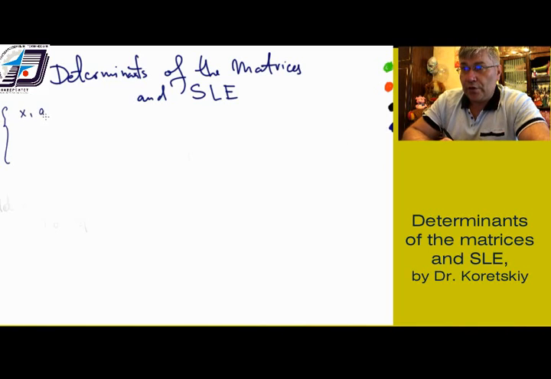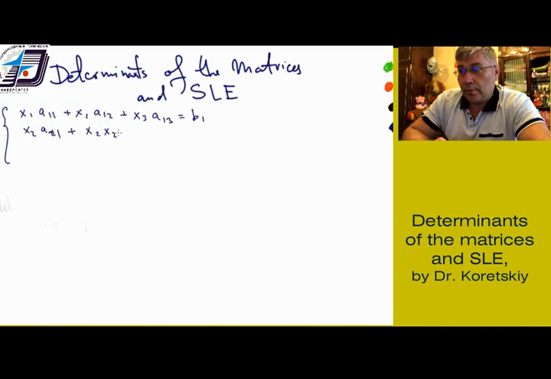We have 3 equations, 3 unknown variables: x1 a11 plus x2 a12 plus x3 a13 equals b1, x1 a21 plus x2 a22 plus x3 a23 equals b2.